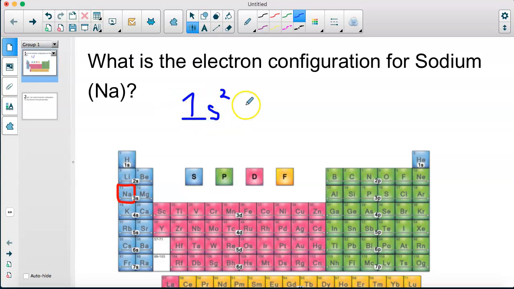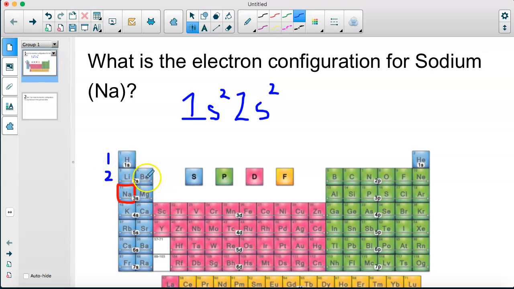Okay. All right. So then the next 2 electrons, they are 2s2, because we can house a total of 2 electrons in that s energy level, and it's in the second period.